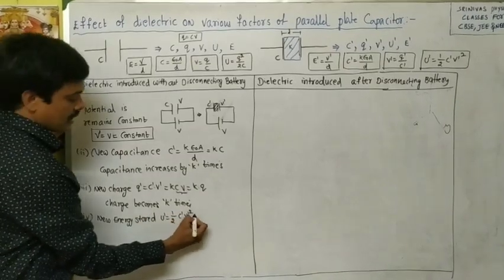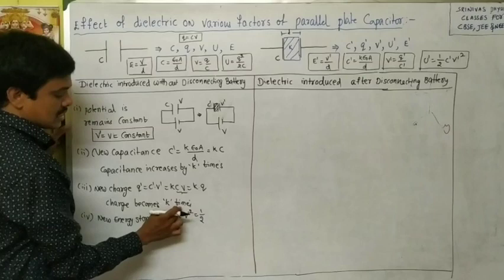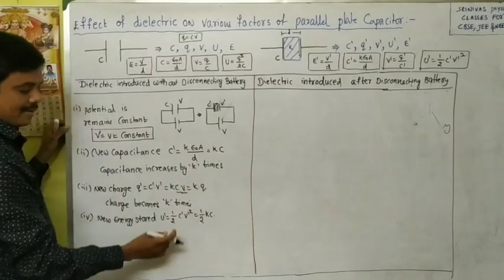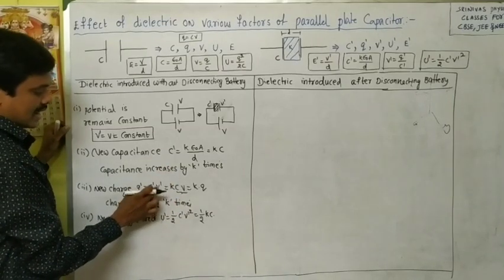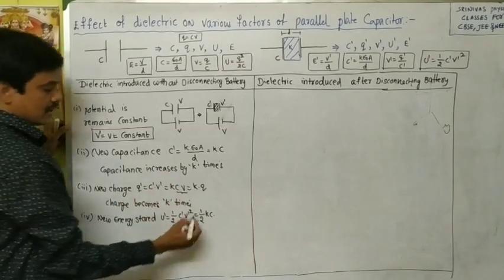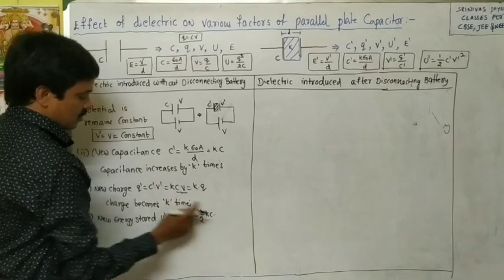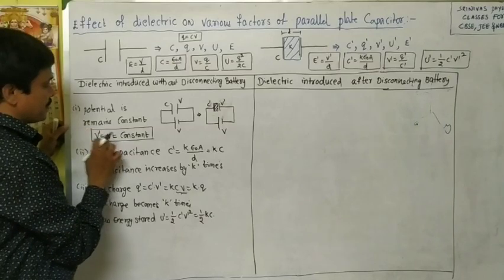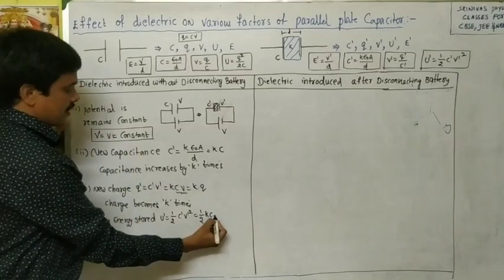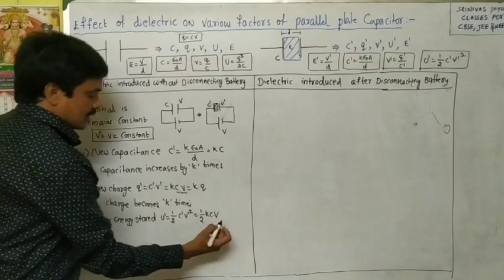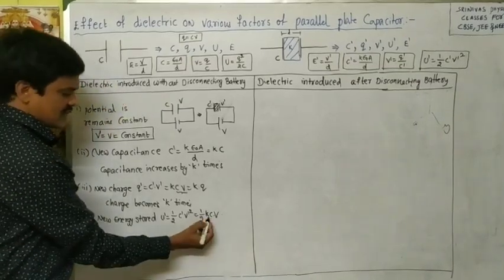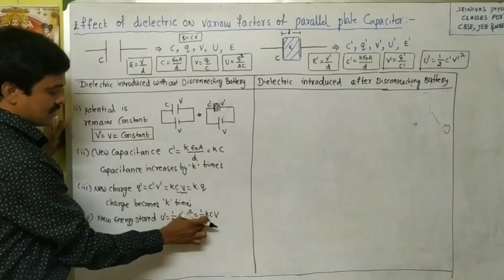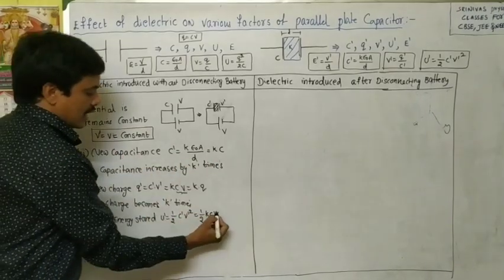Now what is C dash? That is Kc, and V dash is equal to V. We will substitute C dash as Kc and V dash as V, and the square is there.